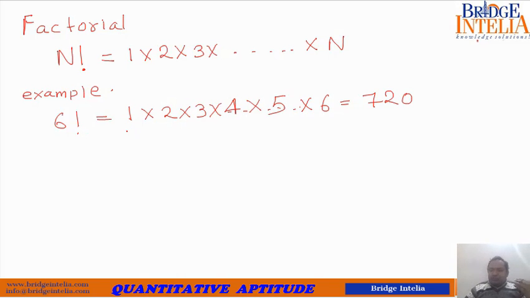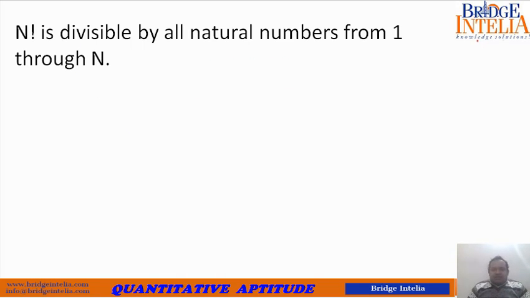Now let us see a few basic properties of factorial. The first property says that n factorial is divisible by all natural numbers from 1 through n. What is meant by this?